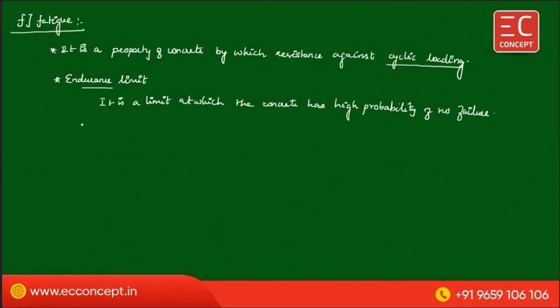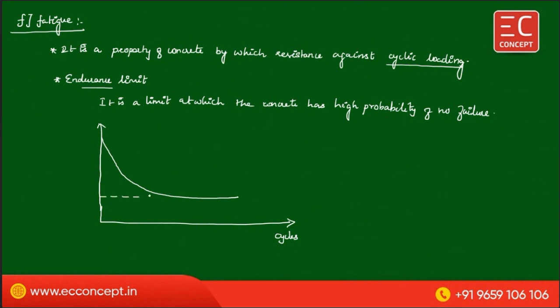Now if you draw the graph between the number of cycles that we are giving the load and the strength, the strength gradually reduces, and at a certain point it reaches a constant. To reach this constant stress, we need 2 into 10 raised to 6 cycles.